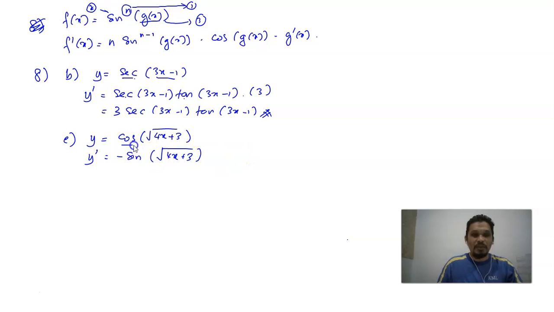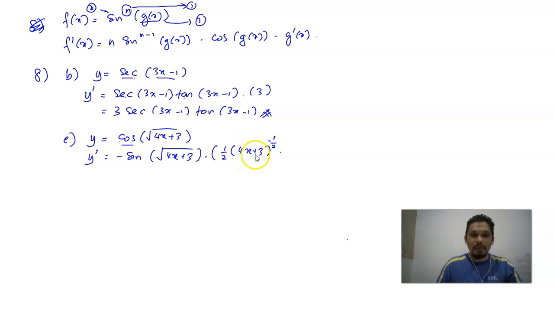We derive the cos first, which gives negative sine. Now derive the square root of 4x plus 3. Just imagine that this is (4x plus 3) to the power of half. Then we come up with 1 over 2, (4x plus 3) to the power of half minus 1, equal to negative half.